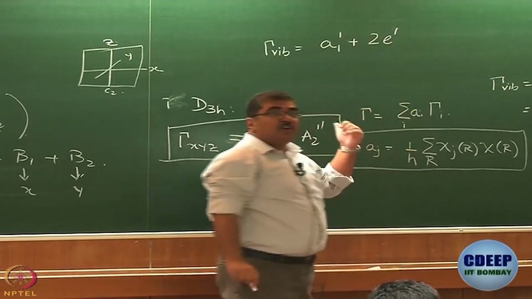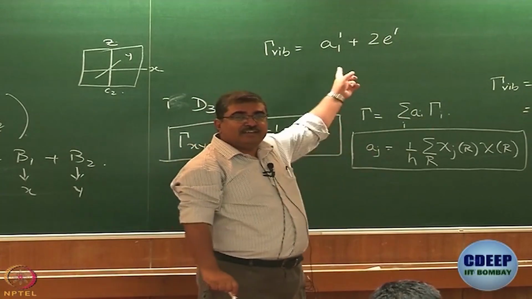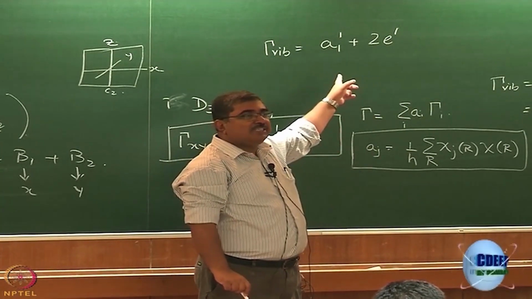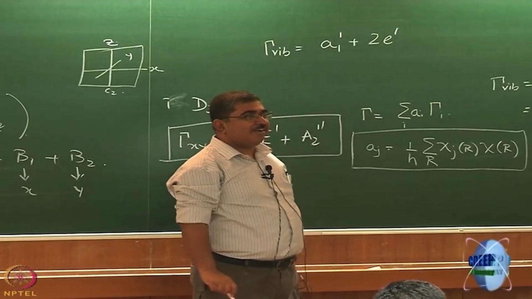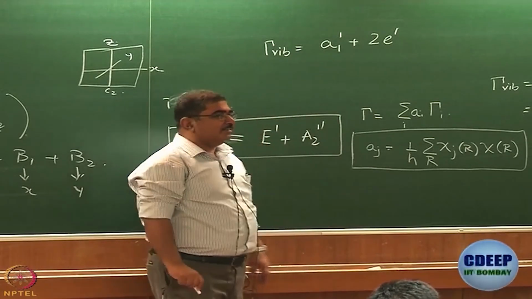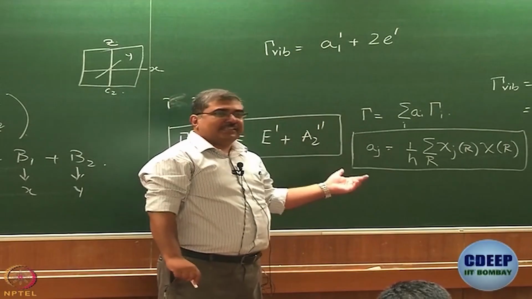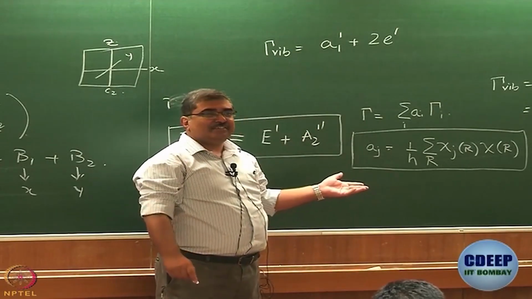Can you tell me how many normal modes are accounted for so far in what I have written? How many normal modes have I accounted for? 1 A1 dash and 2 E dash. So, how many is that?